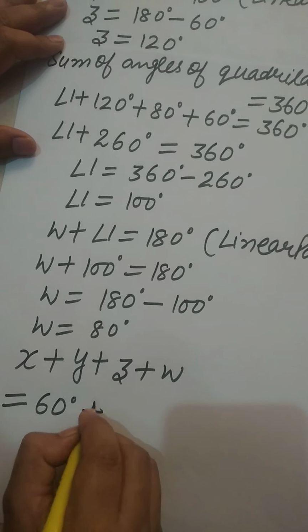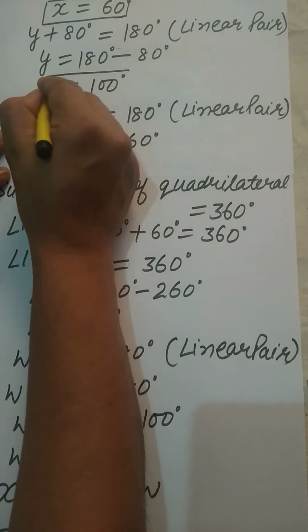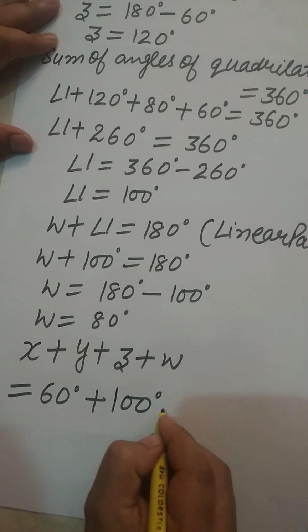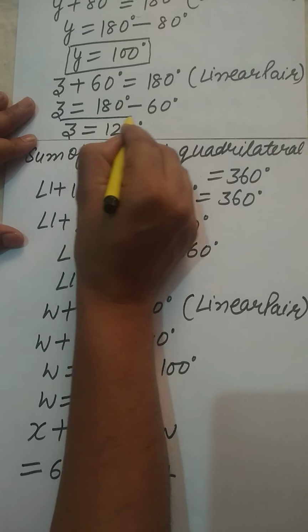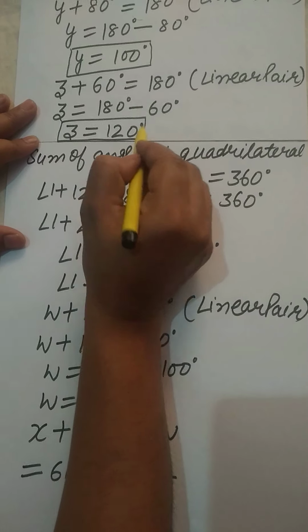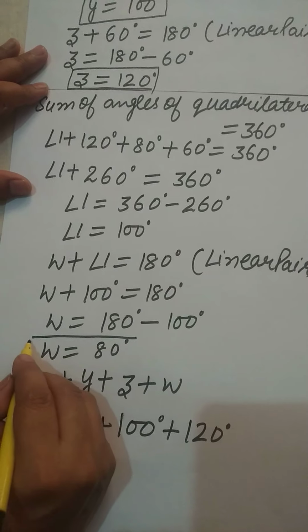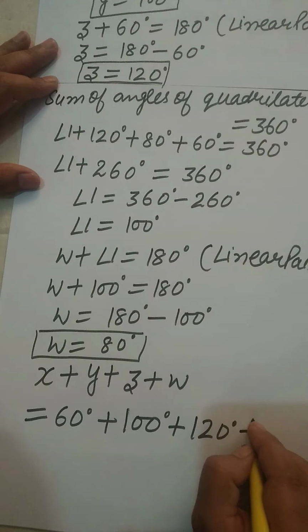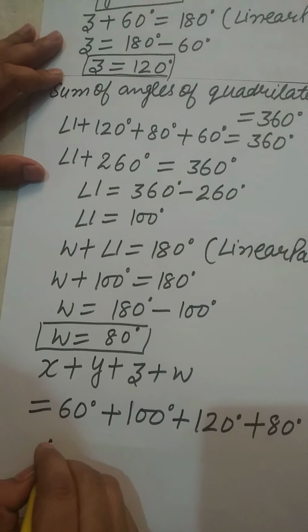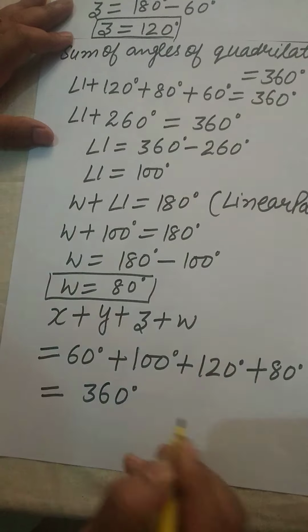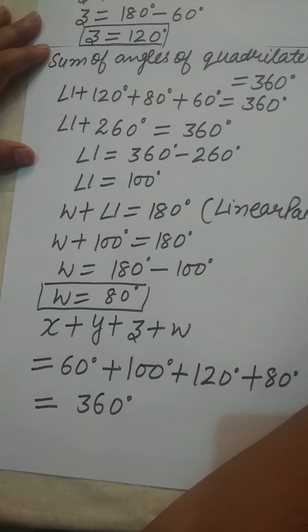The value of y is 100 degree. The value of z is 120 degree. And the value of w is 80 degree. The sum of all these four is equal to 360 degree, which is the required answer.